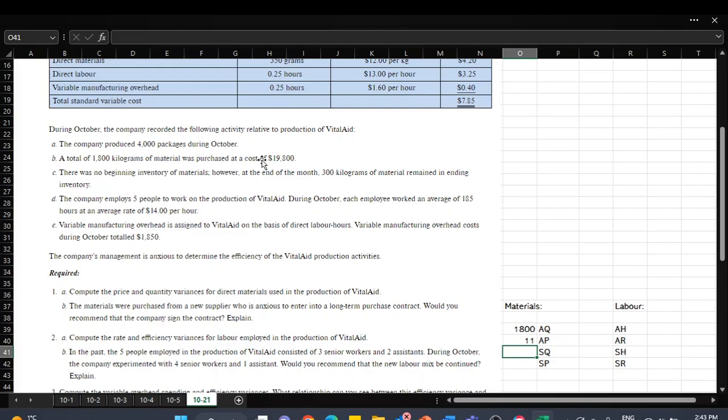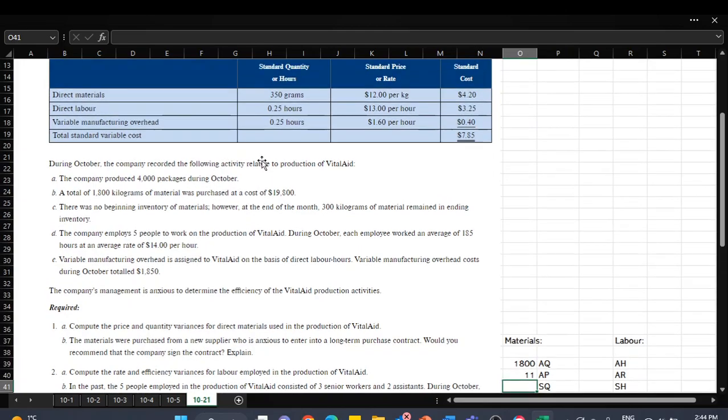In terms of standard quantity, the company produced 4,000 packages. And the standard quantity of direct materials is 350 grams. But everything else we're dealing with is in kilograms.